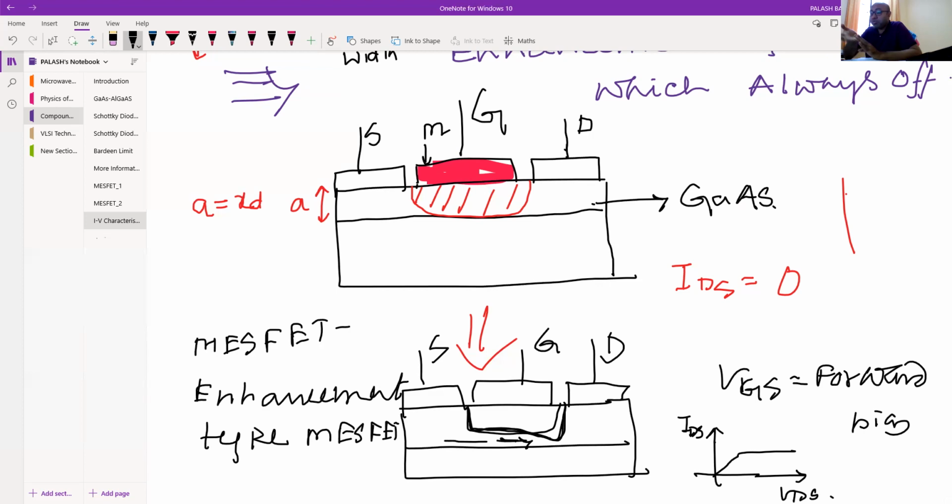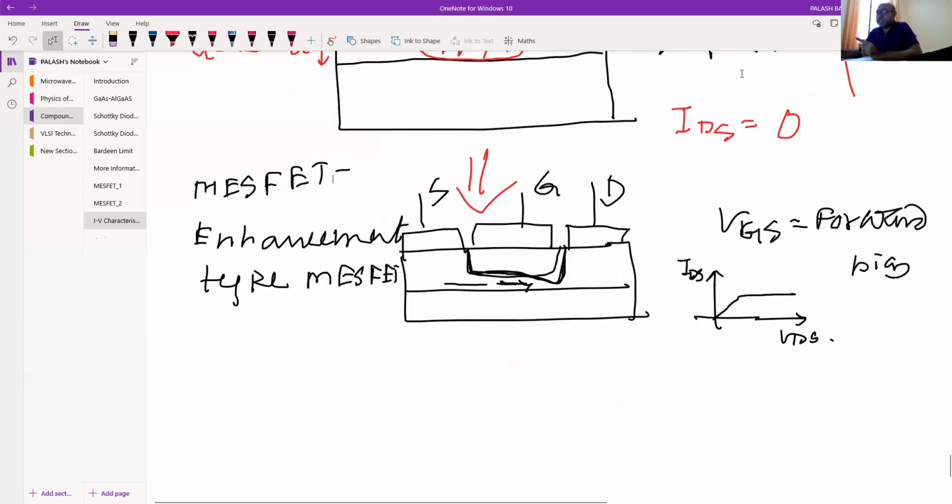In fact, there is no book which discusses everything, but I think this clue is sufficient for you. Current voltage characteristics are also the same, following the same rules of alpha and everything. The only thing is that the threshold voltage value will totally change.